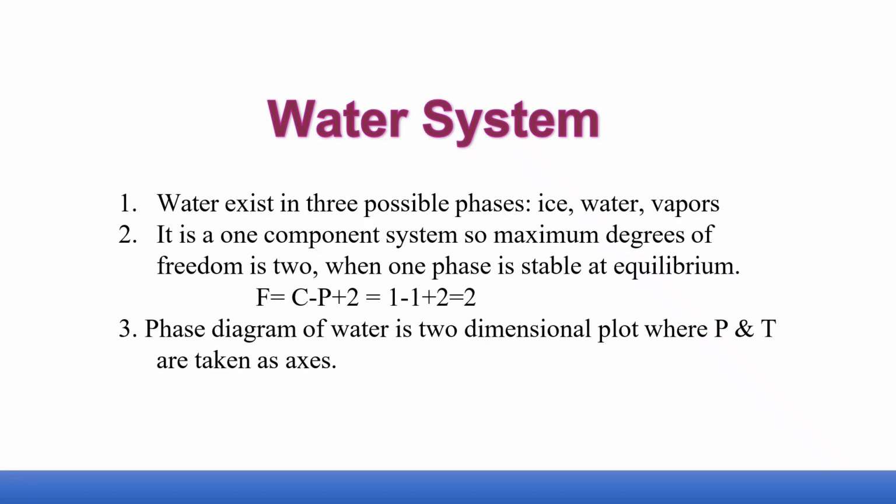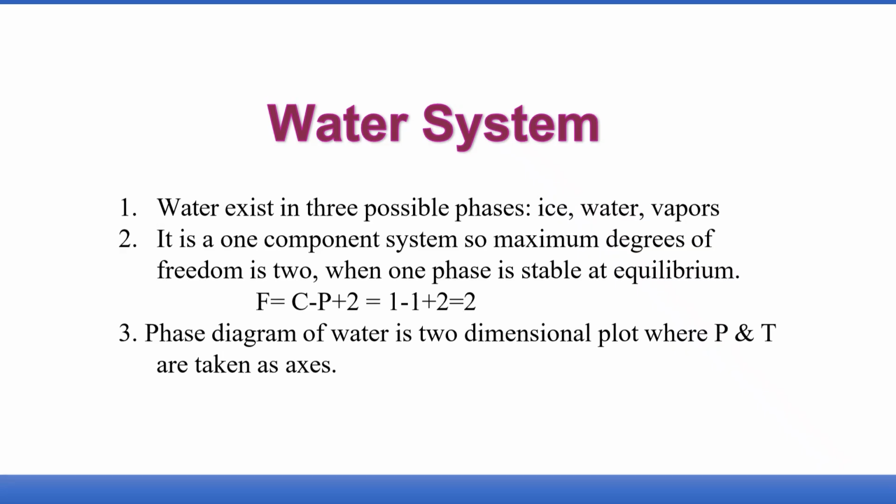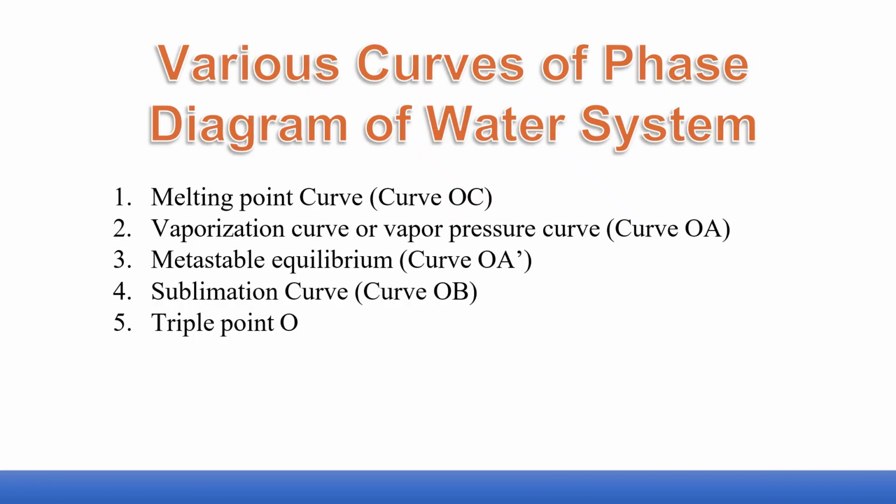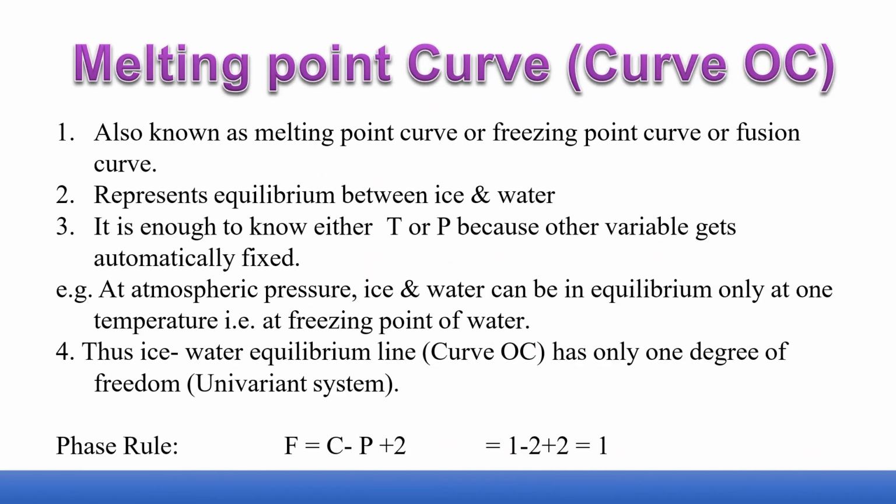The water system fits into the formula F is equal to C minus P plus 2, and we can find out the number of phases, components as well as the degrees of freedom. As far as the melting curve OC is concerned, it is the melting point curve or freezing point curve, also called the fusion curve.